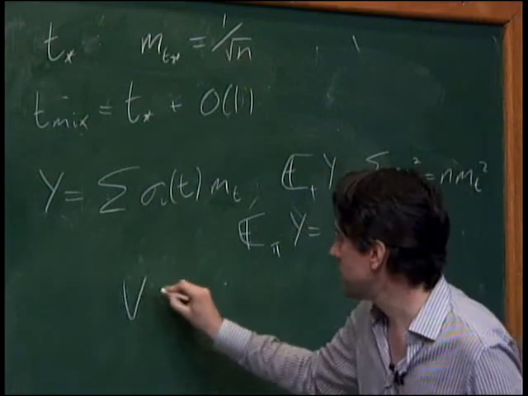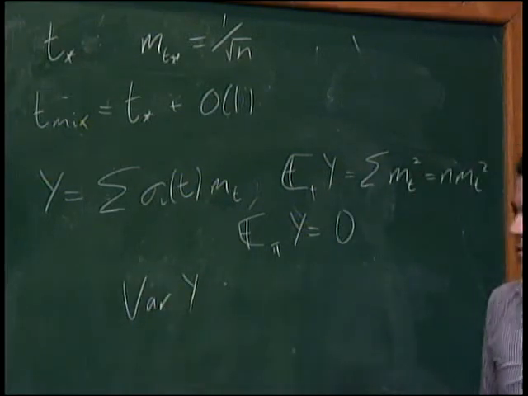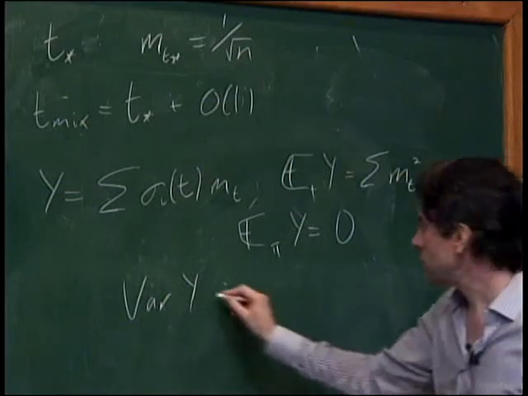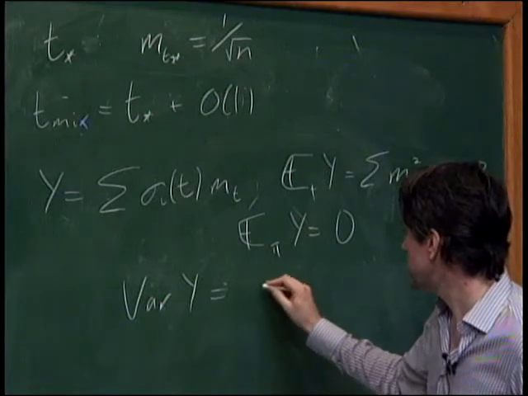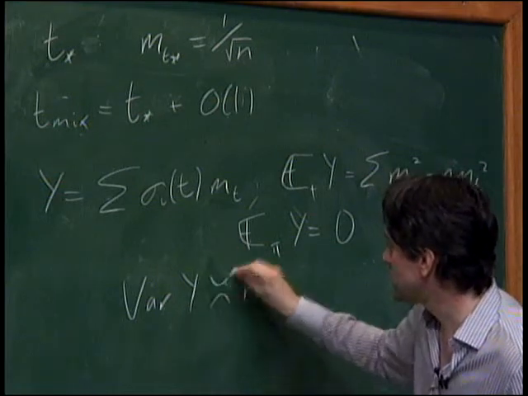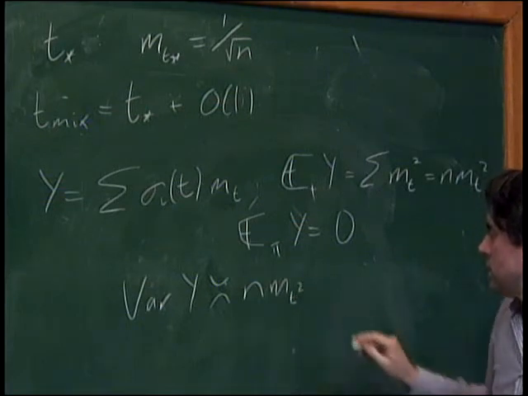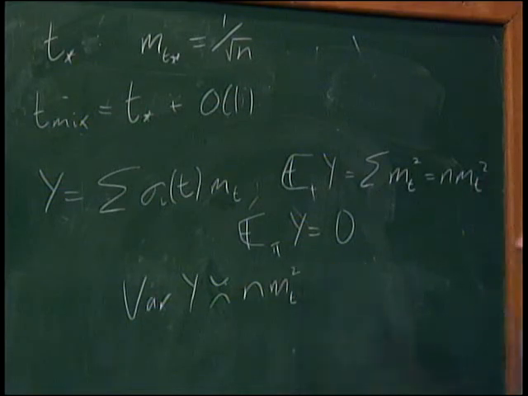And the variance of Y, under either of these initial conditions, is asymptotically n times M_T squared. The reason for this is, I told you that when beta is small, you get good decay of correlation.